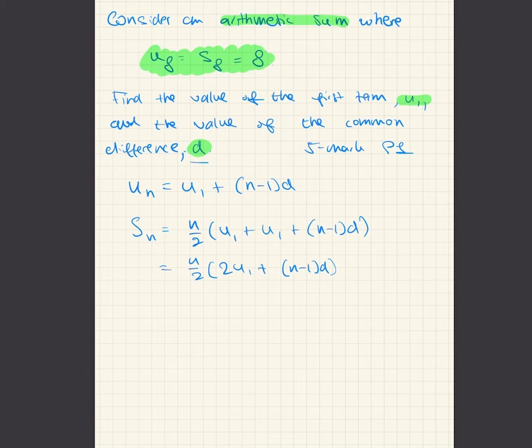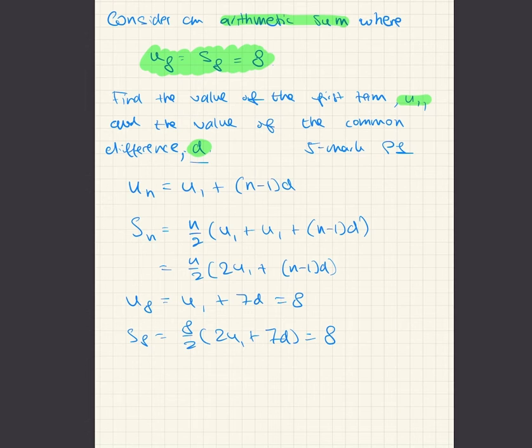So first of all, we can just plug in values. u of 8 is equal to u1 plus, and n is 8, so that means it's going to be 7 of the common difference, and we know that that's equal to 8. We also know that S of 8 is equal to 8 over 2 of 2u1 plus, again, 7 times the common difference, and that's also equal to 8.